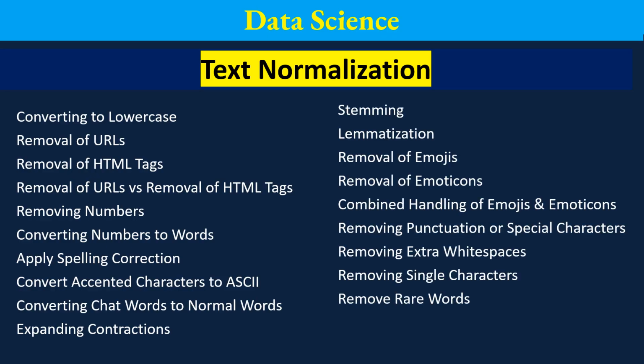Today we will specifically focus on text normalization, a technique in NLP where the process transforms messy unstructured text into a clean standard format that machines can work with effectively. So if you have ever wondered how a computer understands language, this session is going to be exciting.